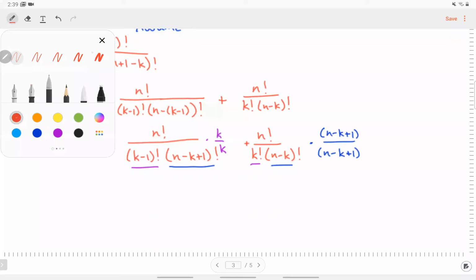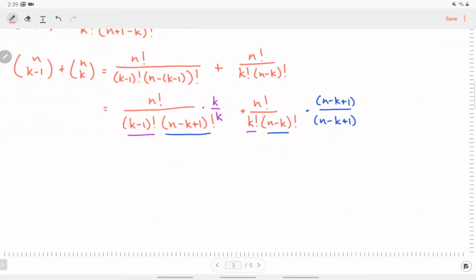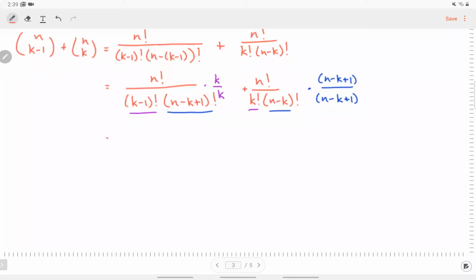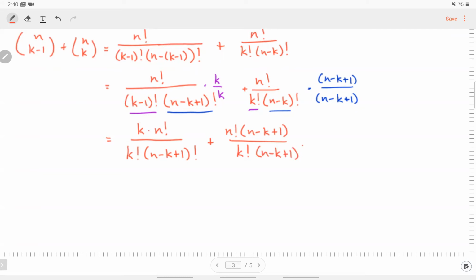So let's see what that becomes. We have k times n factorial over k factorial times n minus k plus 1 factorial, plus n factorial times n minus k plus 1 over k factorial times n minus k plus 1 factorial.